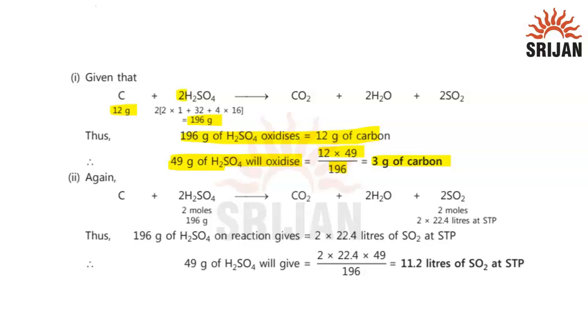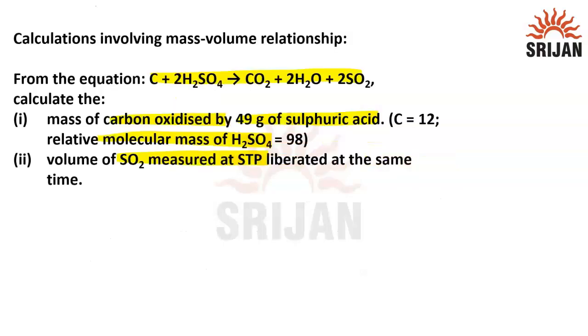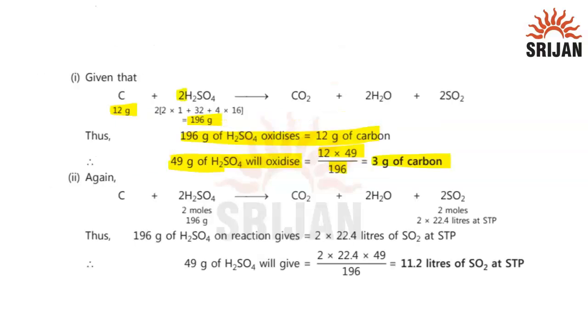Now we have to see how much SO2 will be produced at the same time. So we have 49 gram of H2SO4. How much SO2 it will produce, that is what we have to tell. Here we can see that 2 moles of H2SO4 on reacting with 1 mole of carbon are producing 2 moles of sulfur dioxide. We know that for 1 mole we have the volume 22.4 liter, and for 2 moles we will multiply it with 2 at STP.